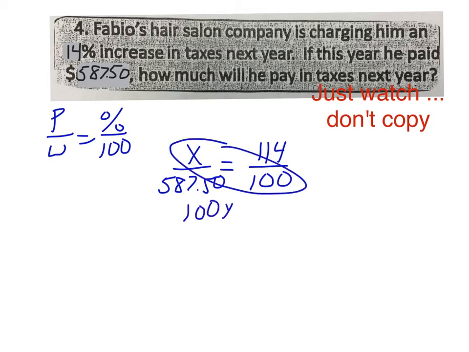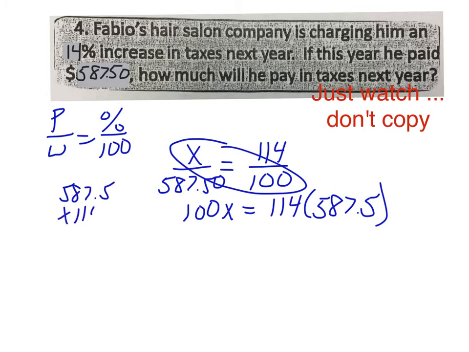100x equals 114% times 587.5. So go off to the side. 587.5 times 114.